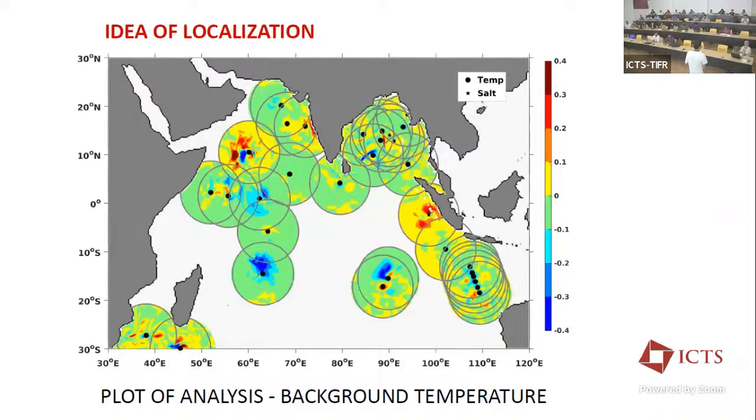From climatology? From climatology. So these are climatological correlations, and they won't vary in time, or you pick from May, June, and so on. And also for each variable it is going to be different, so this gets a little difficult to actually implement.